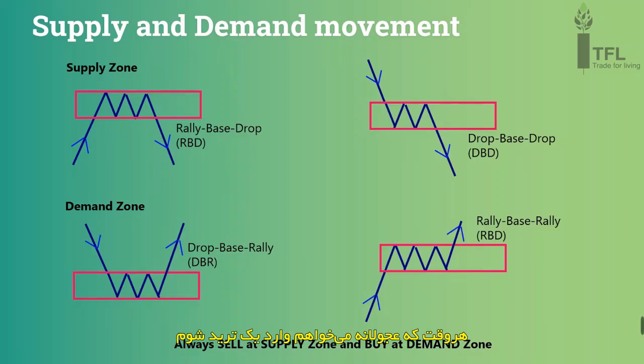Every time I have a rash idea of going into a trade, because sometimes the market pushes the price very high or very low and I might tend to go into the trade, like riding the wave, I suddenly remind myself: always sell at supply, always buy at demand.